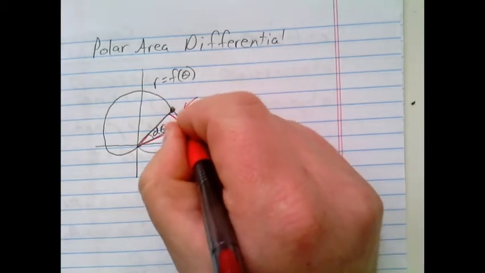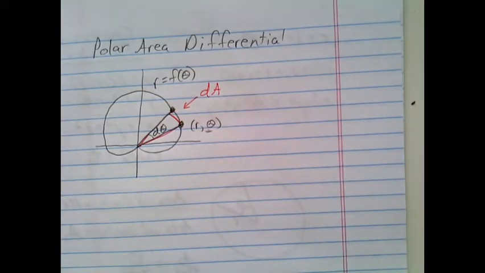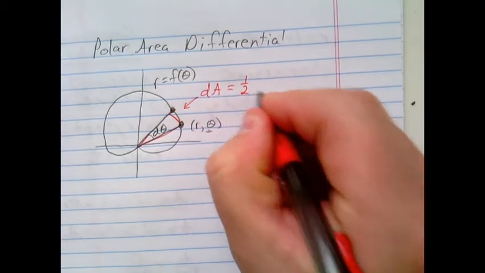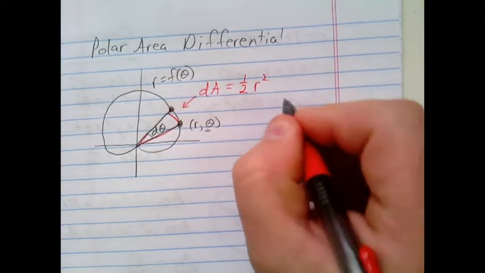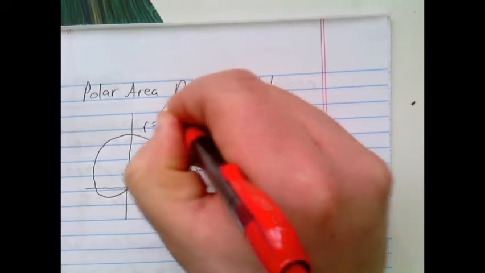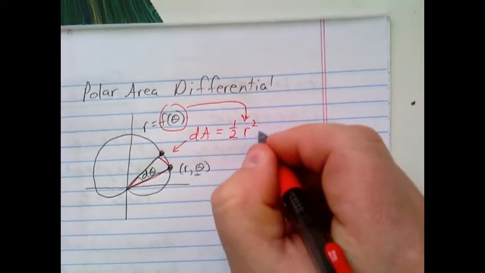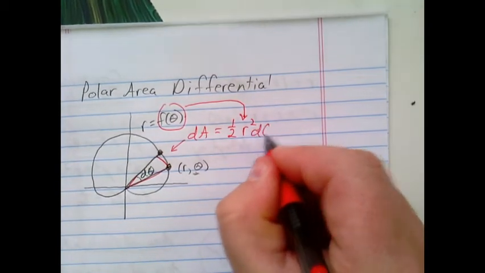So here, my area differential isn't based on the area of a rectangle, it's based on the area of a circular sector. So instead of doing height times width, I've got to do 1/2 times radius squared, and radius is really based on whatever the function of the polar equation is, times this angle right here, d theta.